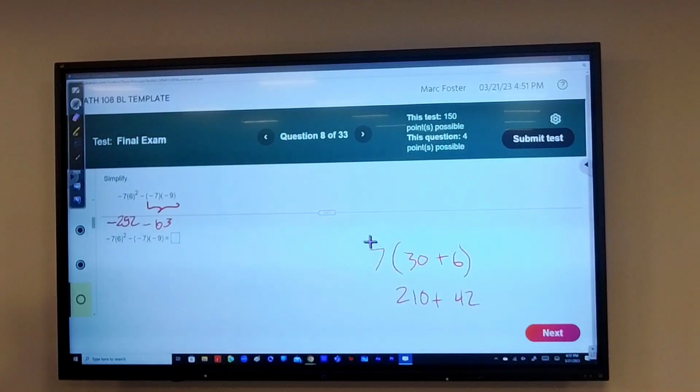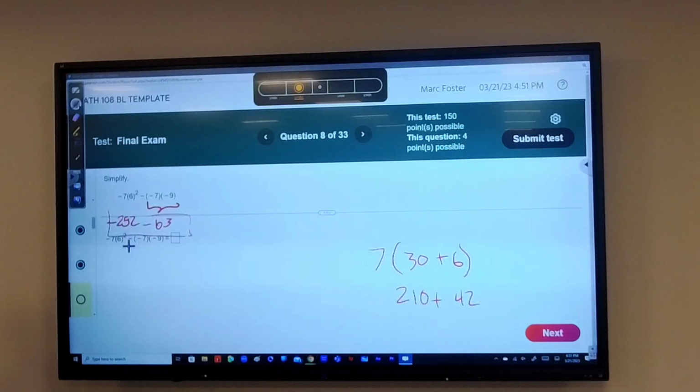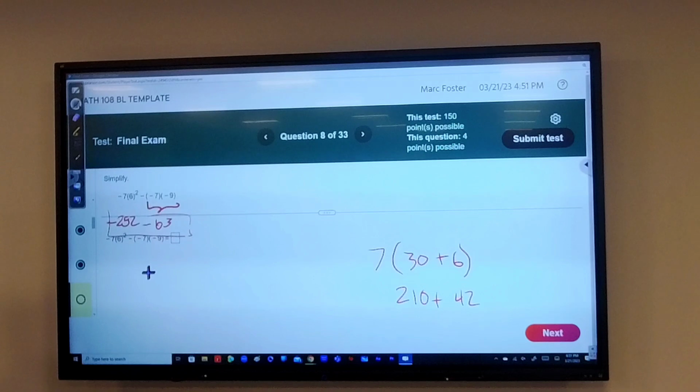All right, and then when I combine these together, I get negative 315. So I see minus 255 minus 50 minus 10, so it's minus 315. Yeah.